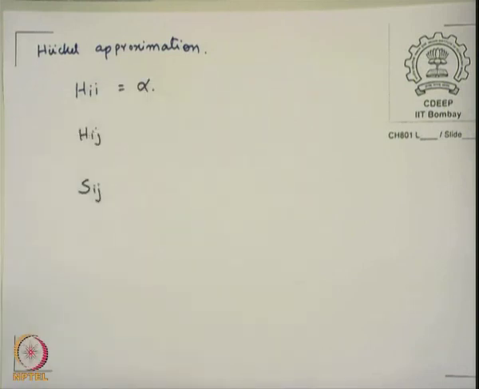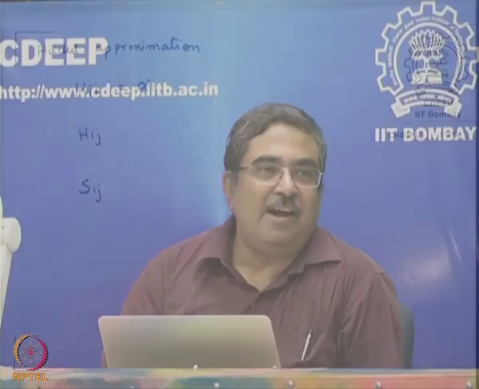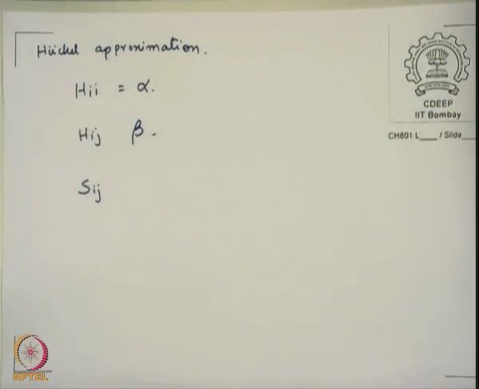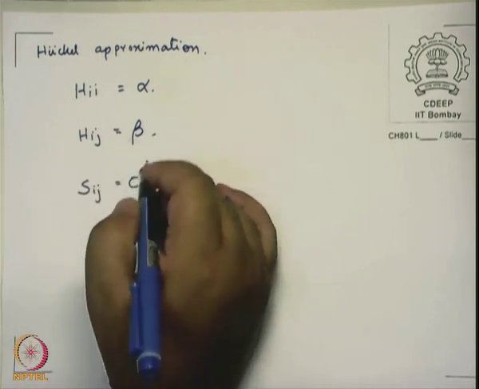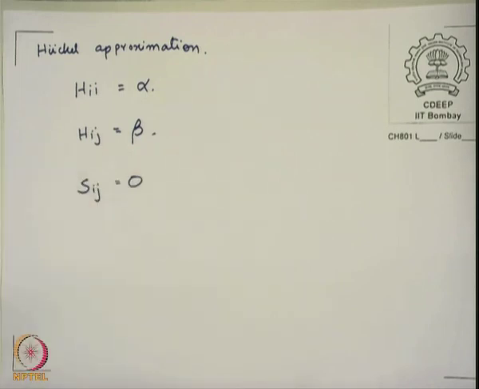HII is called alpha, and in fact, alpha is said to be 0 in our calculation. What about HIJ? That is called beta. And what about SIJ? SIJ is equal to 0. Is it always 0? When is it not 0?